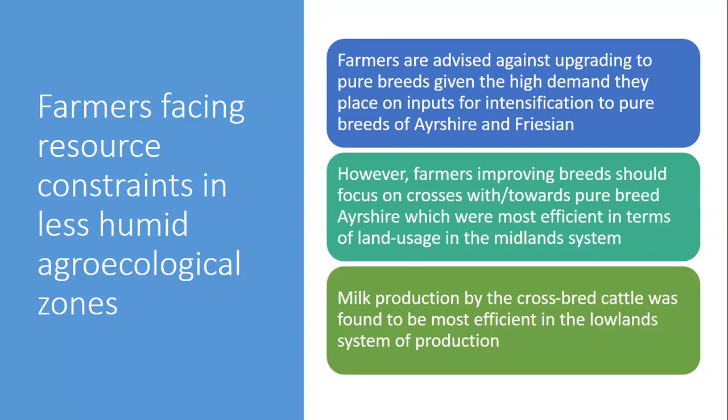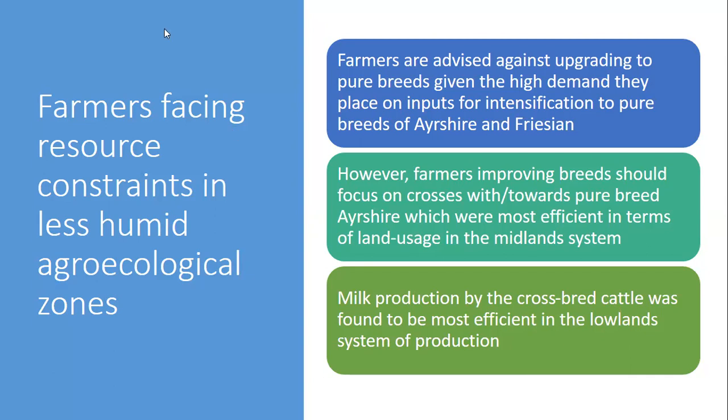However, the farmers are not completely discouraged from improving their breeds, because currently the breeds are producing quite lowly, and this was mainly due to the constraints of feed production and also access to other resources, like the knowledge of what the crossbreeds are able to do, the performance of the crossbreed.